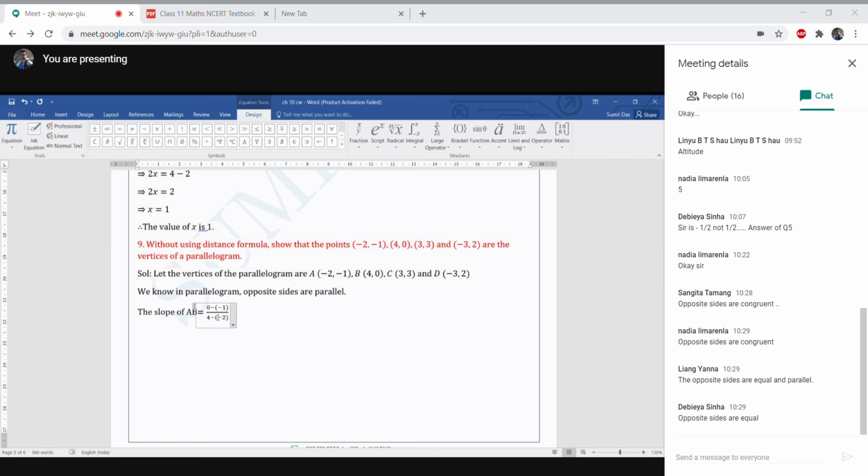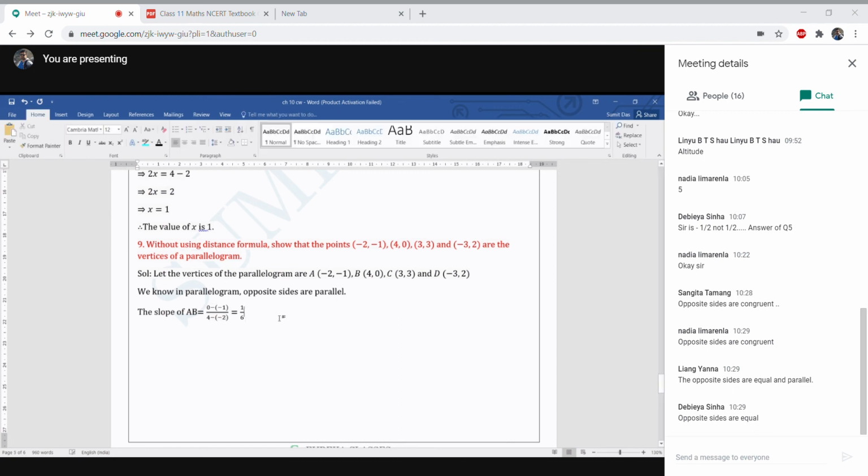If you simplify this, it will be 0 plus 1, 1, divided by 4 plus 2, 6. Minus minus is plus, so 0 plus 1 is 1, and 4 plus 2 is 6.